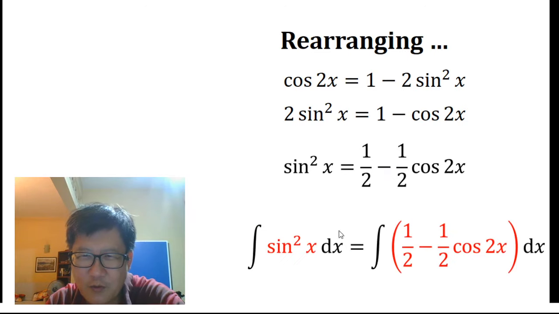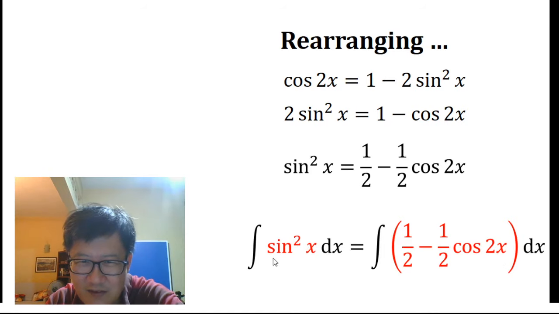So we have managed to transform the integrand from sine squared x into this format here. This is our transformation. We cannot integrate sine squared x directly, but this is easy to integrate. So that's what we have managed to do: get rid of the square here.